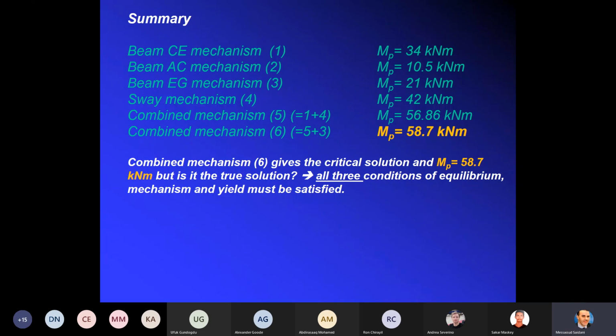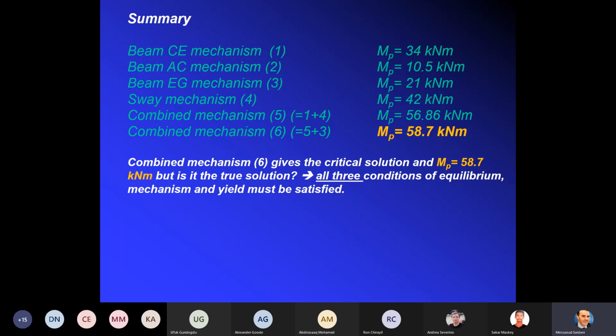There is no way you can tell in advance what will be the most critical mechanism. And unless you consider all the possible combinations, you can miss the actual solution. So it's very important to consider, as well as the independent mechanisms, the combined mechanisms as well.